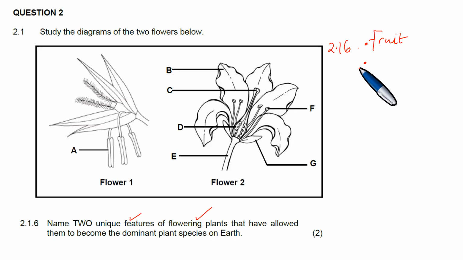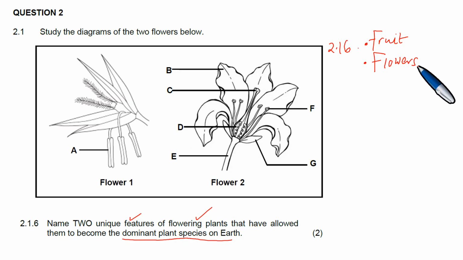Also, people even grow these plants. Why do they grow the flowering plants? People grow the flowering plants because they know that the flowers are going to become fruits. But also, the flowering plants have become the most dominant plant species on Earth because of their flowers. People love their flowers. Why? Some people love flowers because of Valentine's. There are many reasons.